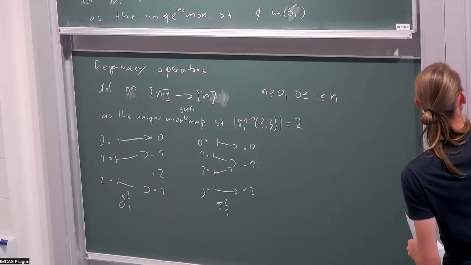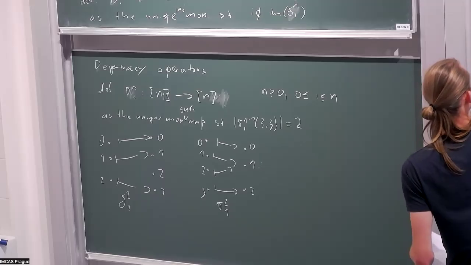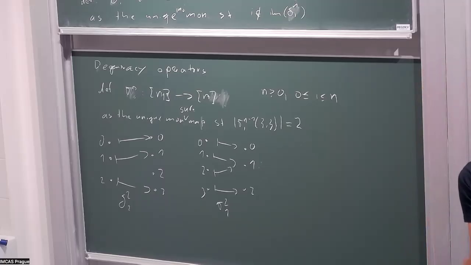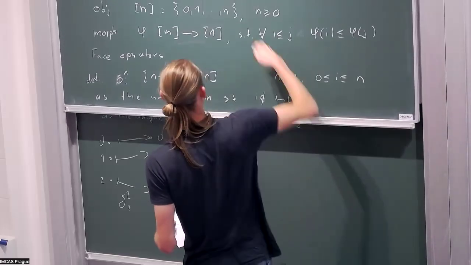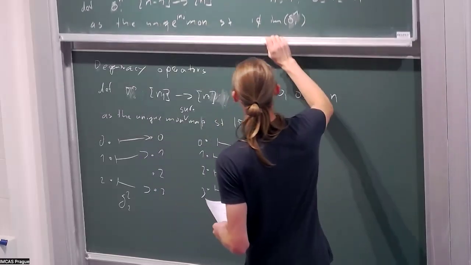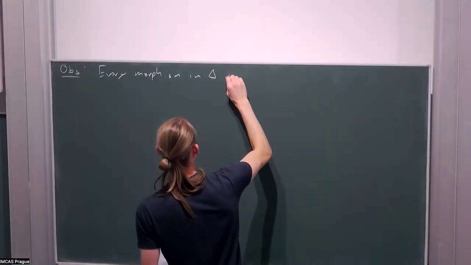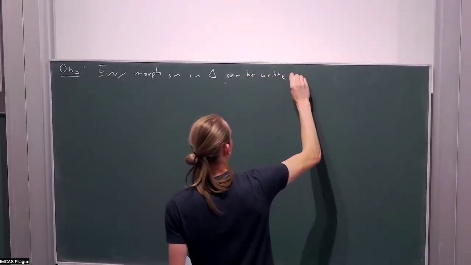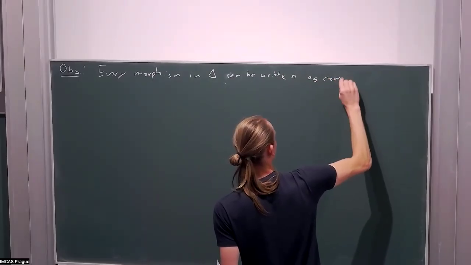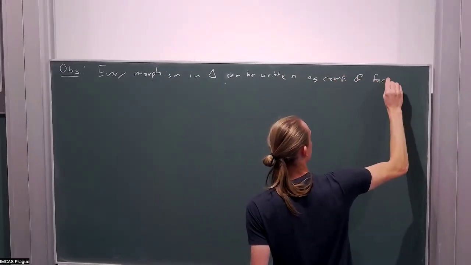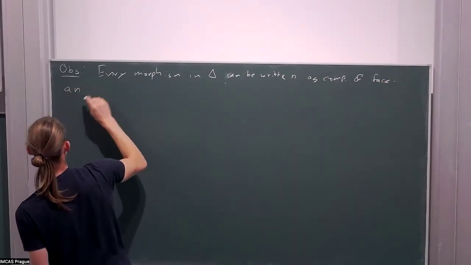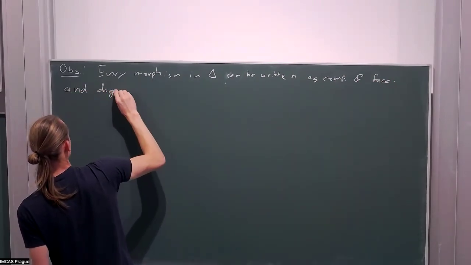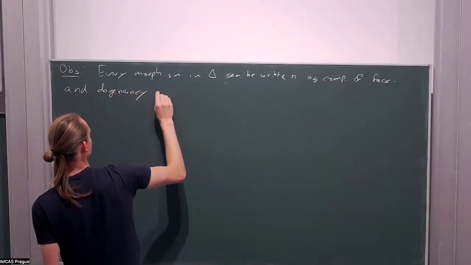Okay, now an observation. Every morphism in delta, I didn't say that this category is called delta, can be written as a composition of face and degeneracy operators.